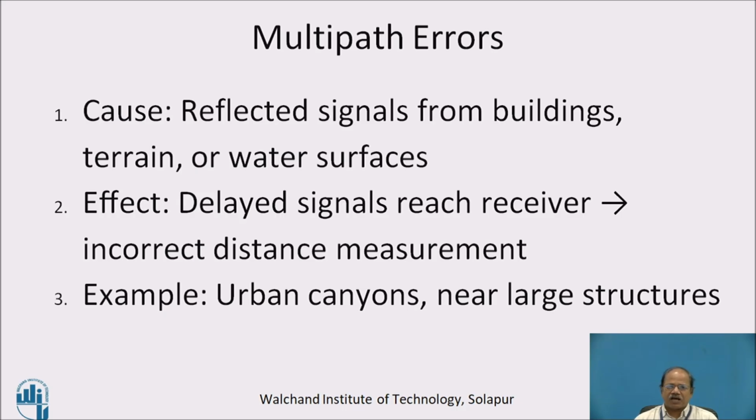One of the other varieties of error is multipath error. Here, if the user is positioned nearby a building, or nearby a water surface, or nearby trees, chances are that the ray coming from the satellite will get reflected from these nearby objects, and then reach the user's instrument.